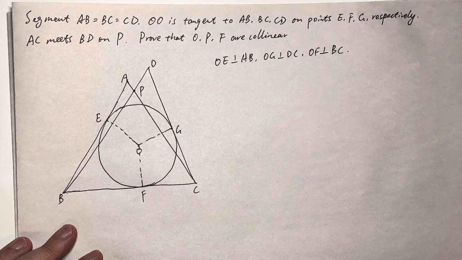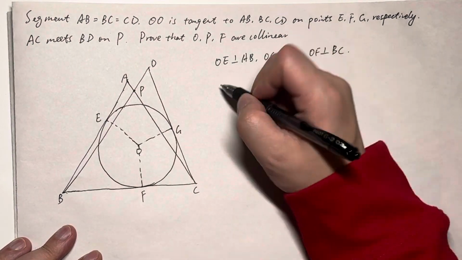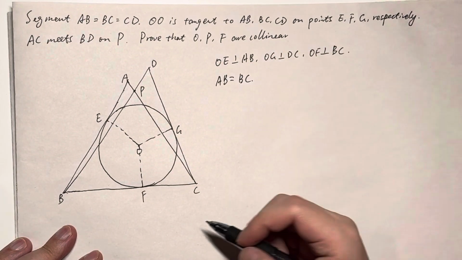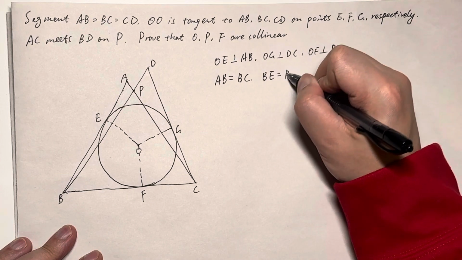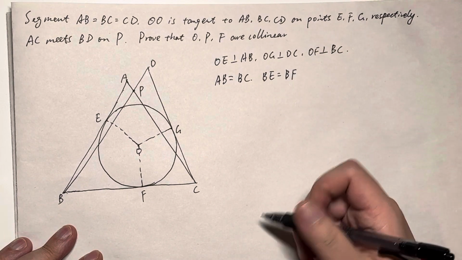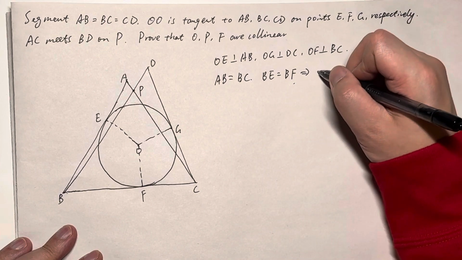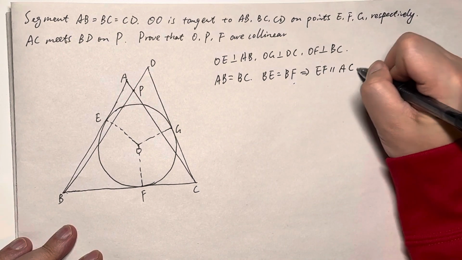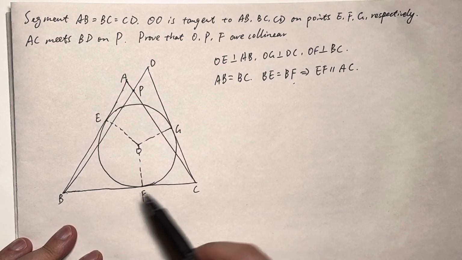And because AB equals BC, and we already know that BE equals BF, based on these two, we can say that EF is parallel to AC, right? Because BE to AB equals BF to BC.